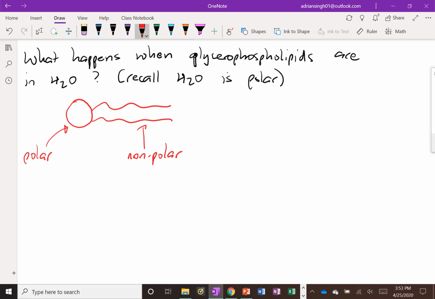The key thing here that's going to drive what's going to occur is this very simple rule we talked about a long time ago, which is like dissolves like. Which just simply means that polar things want to be next to other polar things and non-polar things want to be next to other non-polar things.